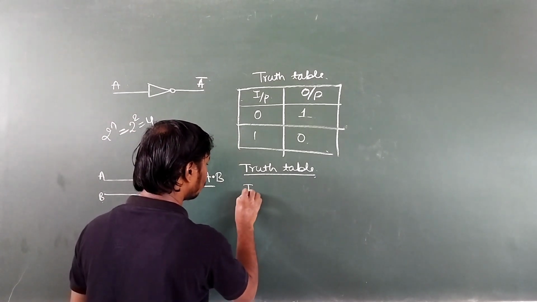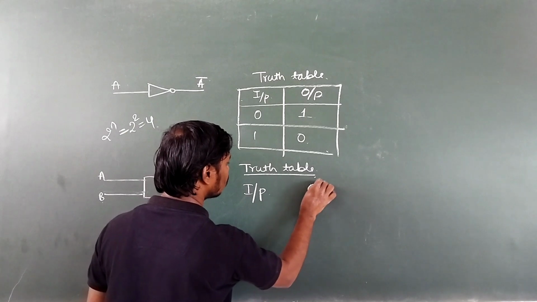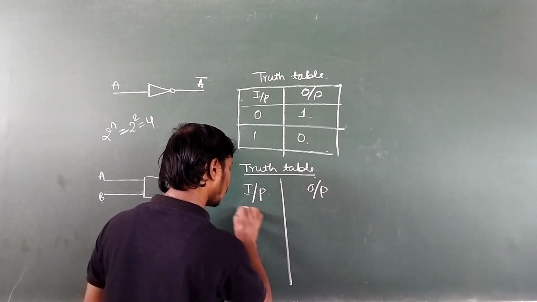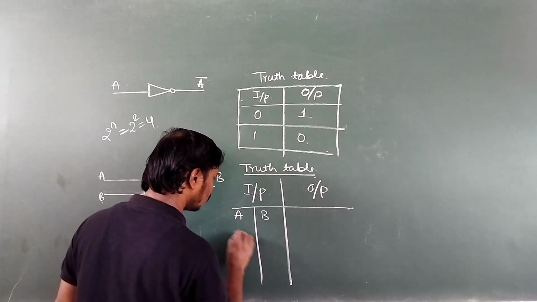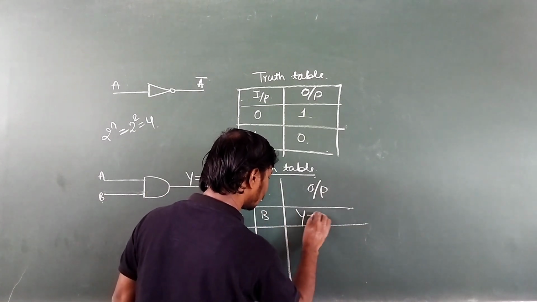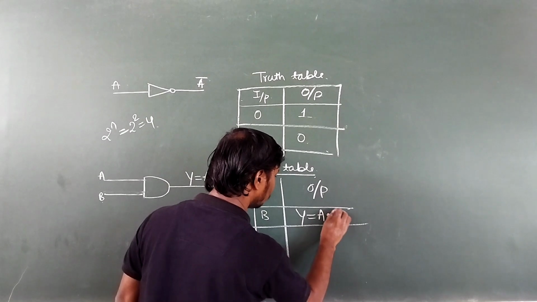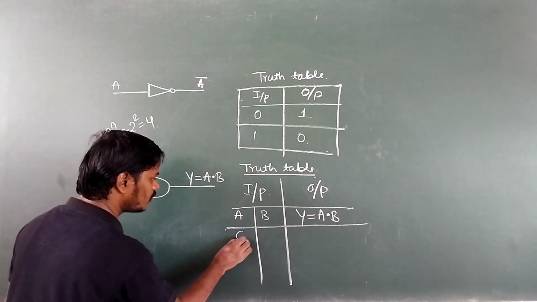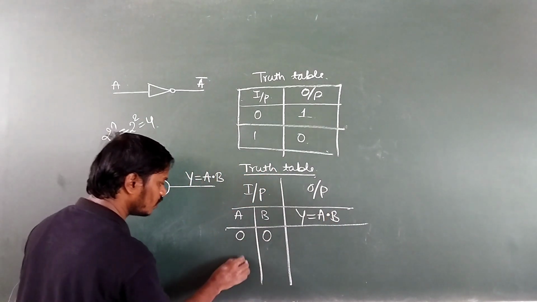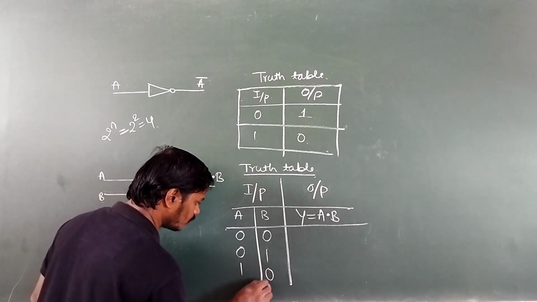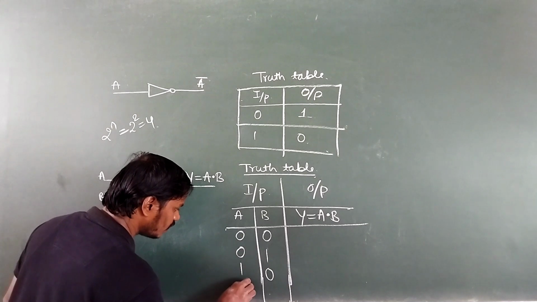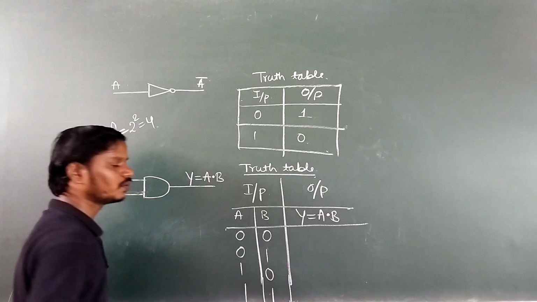Now input and output. There are 2 inputs, A and B, and output can be taken as Y is equal to A and B. If A is 0, B is 0; A is 0, B is 1; A is 1, B is 0; and A is 1, B is also 1.